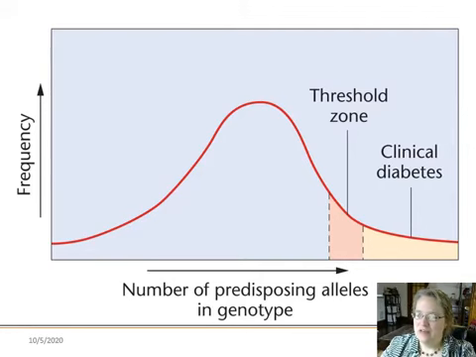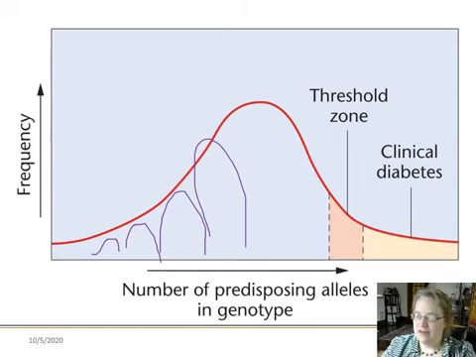Okay. Now we have another idea here. Here's the curve, and we're not showing all the little humps and the alleles and such, but there's an idea that you can have predisposing alleles. Okay, there's a particular condition, in this case we're looking at clinical diabetes.